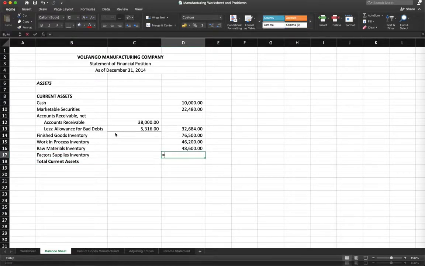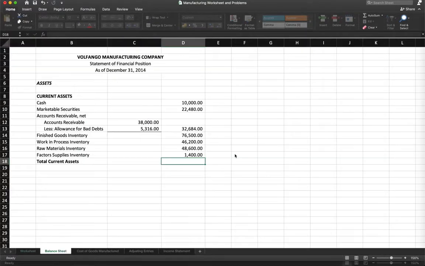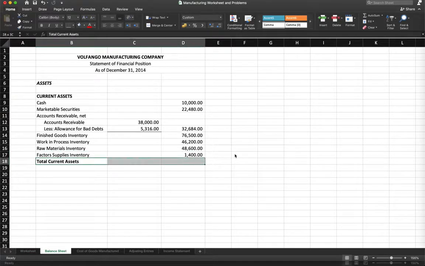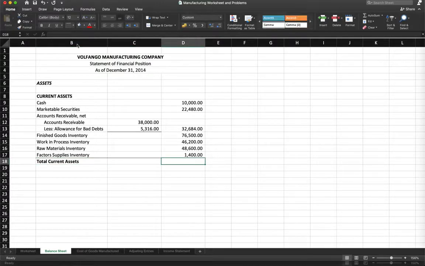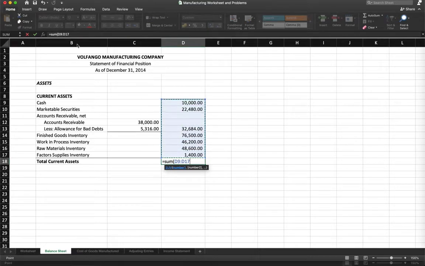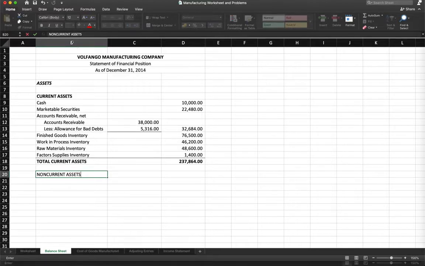Magkano yan? 1,400. So, yung next, mga land, building, ano na yon? Yun ay non-current assets. So, magkano yung total ng current assets? Yan. And then, non-current assets.